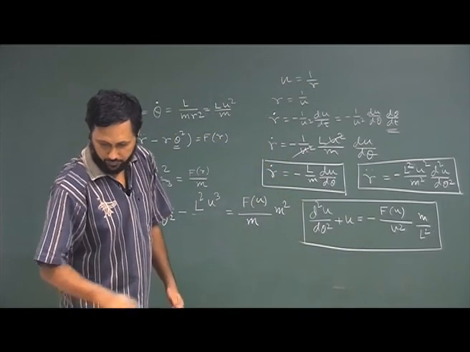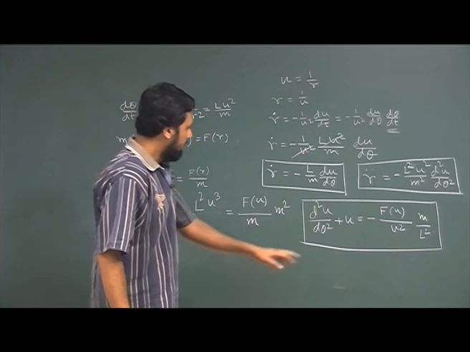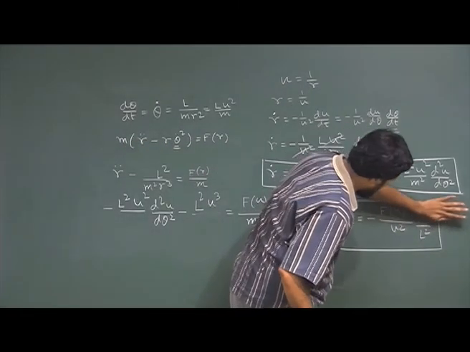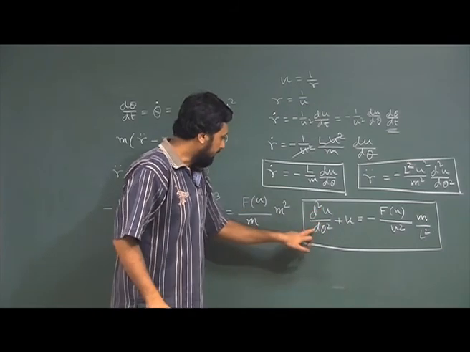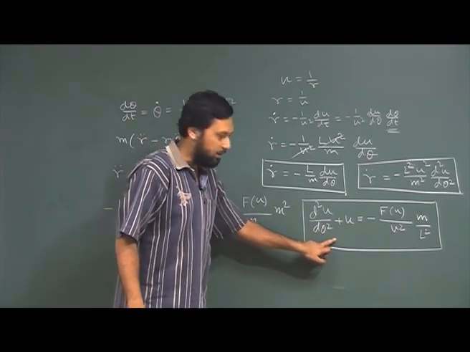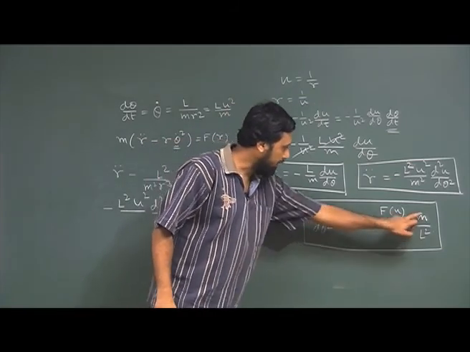Sorry, this does not look nice. So, it is d2u d theta 2 plus u equal to minus f u by u square m by L square.